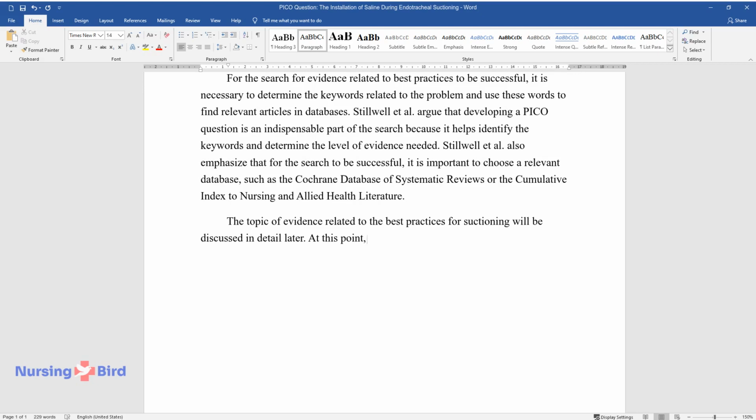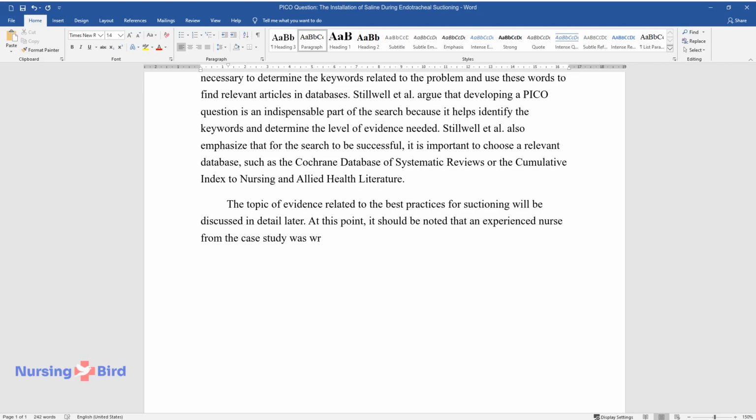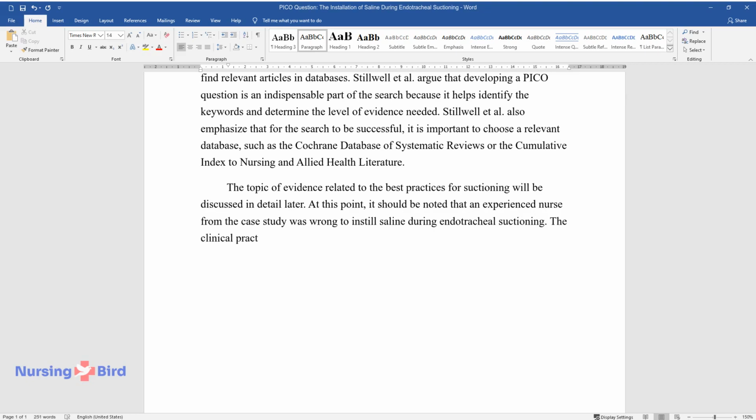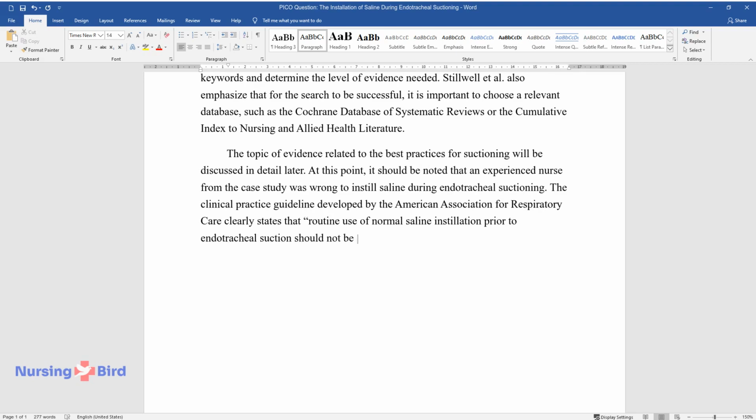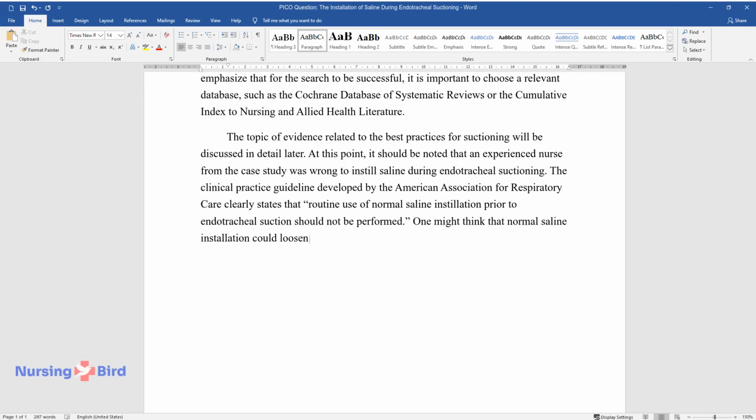At this point, it should be noted that an experienced nurse from the case study was wrong to instill saline during endotracheal suctioning. The clinical practice guideline developed by the American Association for Respiratory Care clearly states that routine use of normal saline instillation prior to endotracheal suction should not be performed. One might think that normal saline instillation could loosen secretions and, hence, facilitate the suction procedure.